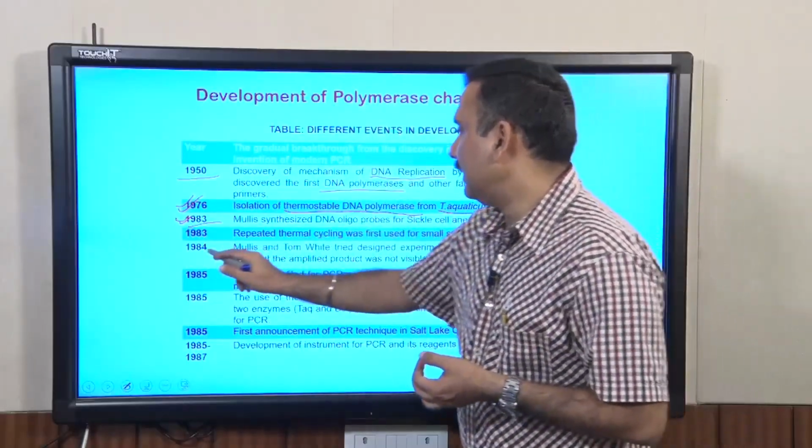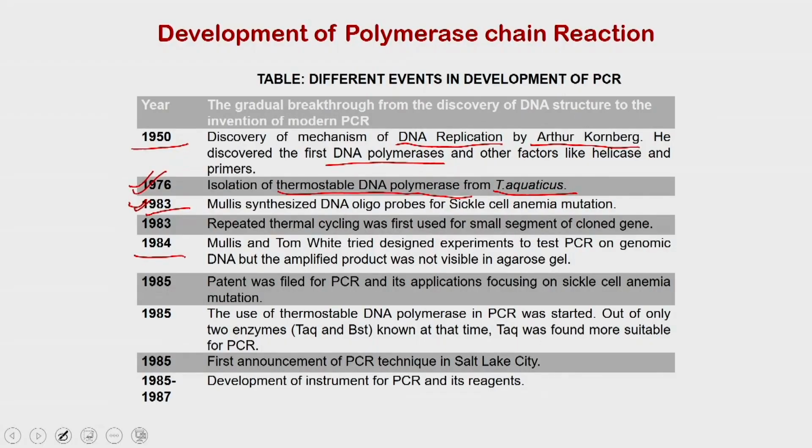Then subsequently, in 1984, Kary Mullis and other people performed the PCR reactions on genomic DNA, and in 1985 they applied for a patent so that a PCR reaction can be used to detect sickle cell anemia mutations.